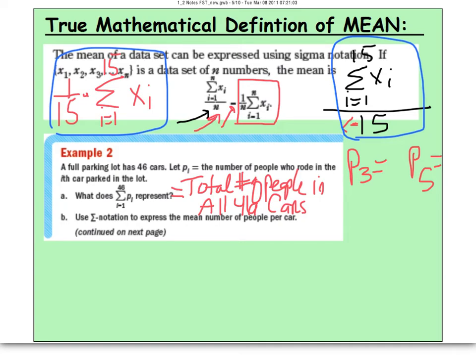So again, you sum all the people from 1 to 46, that's what p sub i is. This total tells me they looked at all the people in all 46 cars and added them up. Once you have that, you divide by 46 cars, and that will tell you the number of people per car.